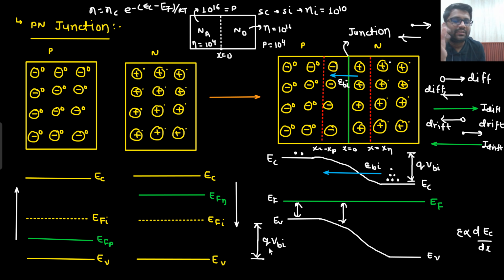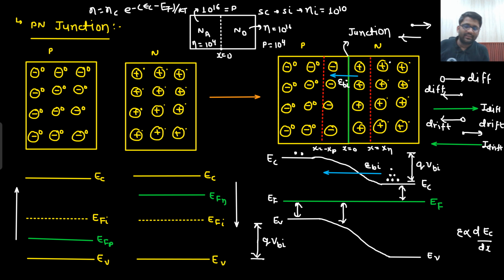Even if you don't remember this equation, it is fine. But you know that if the gap between EV and EF is less, it represents that more holes are there than electrons. And if the gap between EC and EF is less, it says that there are more electrons. So the gap represents either holes or electrons.